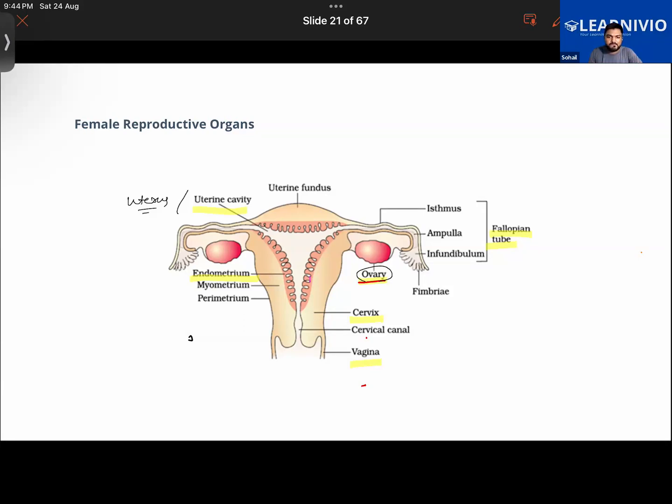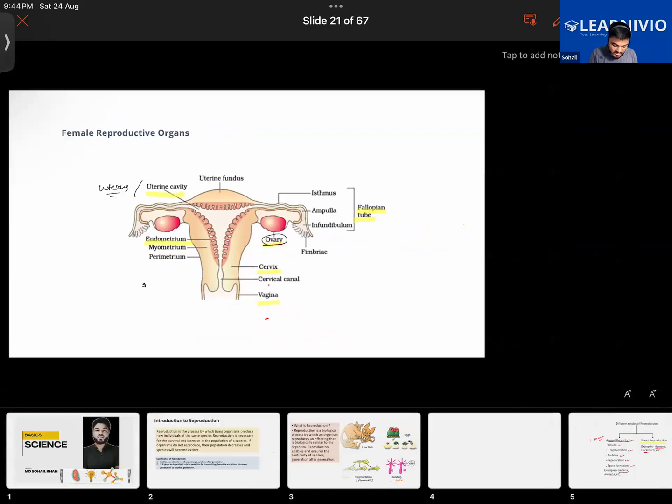Anyways, so it will produce a thick amount of mucus, and it would be preventing the bacteria and viruses from entering into the uterus. The reason why it will form a thick mucus during pregnancy is so that the bacteria do not enter. You yourself think about this logically.